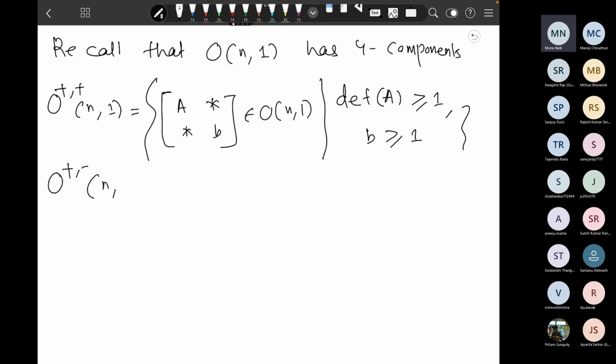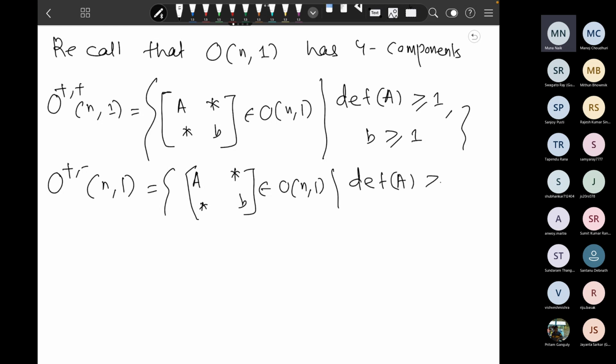Then O plus minus (n,1): A star B belongs to O(n,1), so the determinant of A is greater than or equal to 1, and B is less than or equal to minus 1.